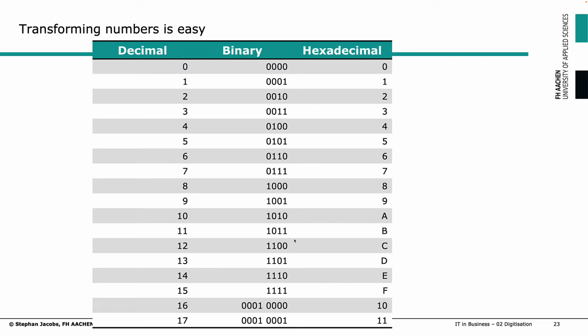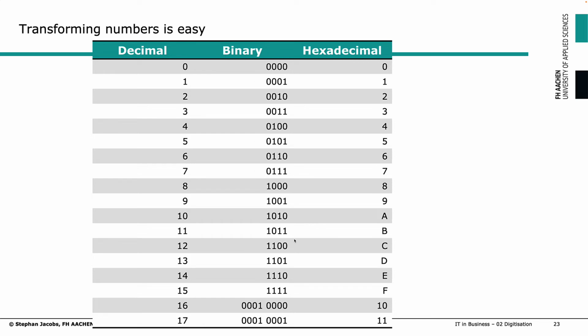So here you can see a decimal number in the first column, 0, 1 up to 17. And you have the binary representation of it. And these binaries I have done in blocks of 4 digits. So we have 0, 0, 0, 0 for the decimal 0, 0, 0, 0, 1 for the 1, and we go up to 1, 1, 1, 1 for the 15.